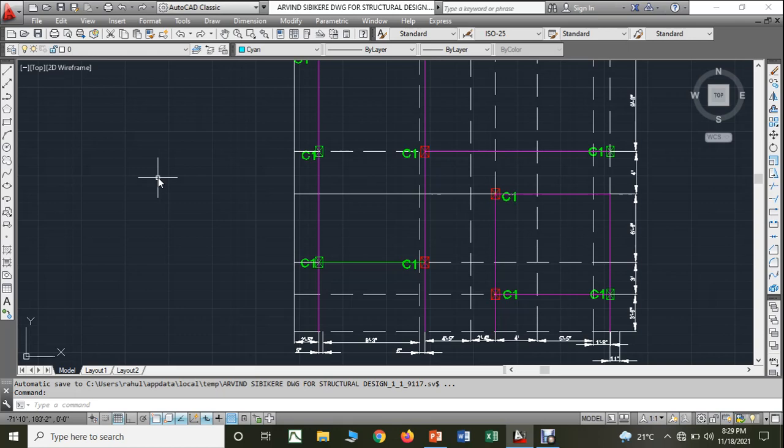So until and unless there is a requirement for architectural purposes from the client, we usually never go for such shapes of columns.